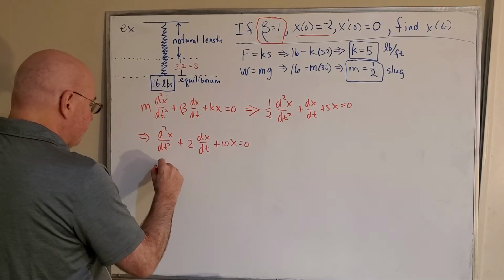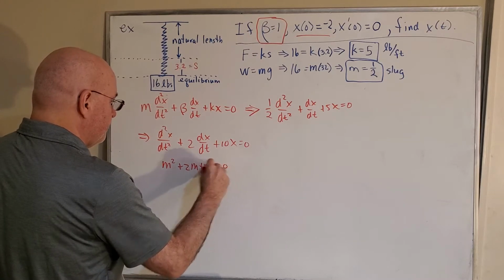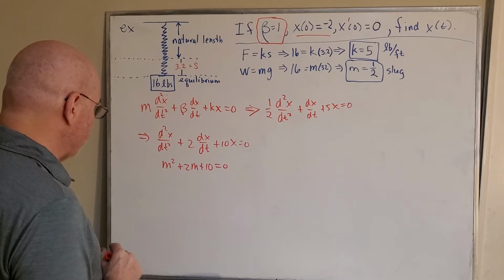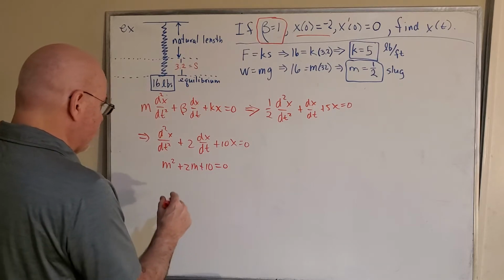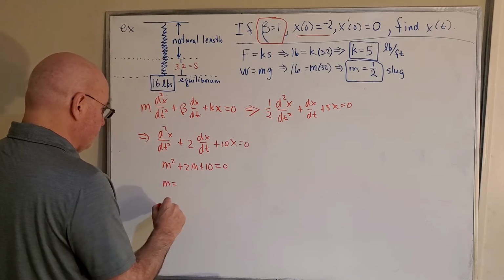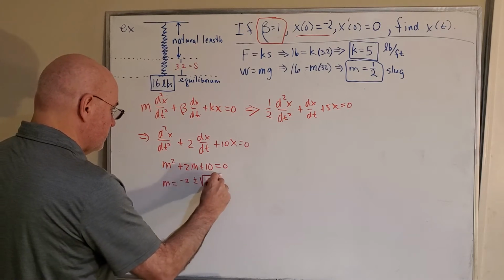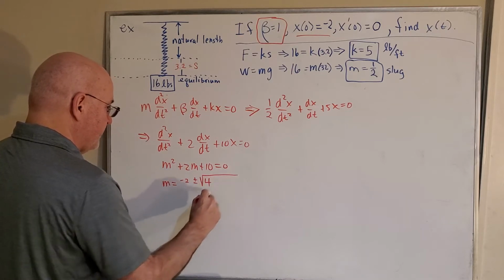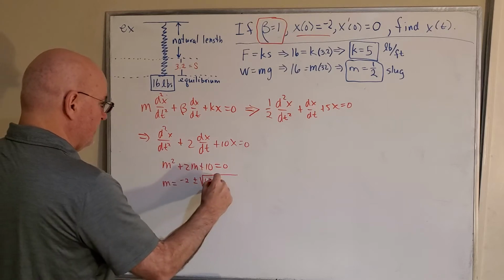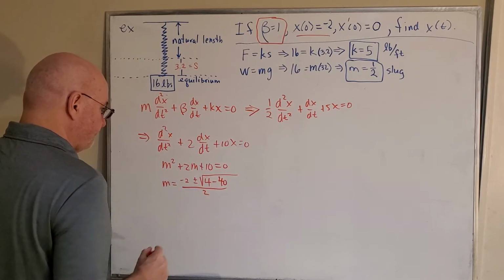Okay, so that means that m squared plus 2m plus 10 is equal to 0. How do we solve that? We don't know how to factor it, so I'm going to have to use the quadratic formula. M is equal to minus b plus or minus the square root of b squared minus 4ac, which would be minus 40, all over 2.